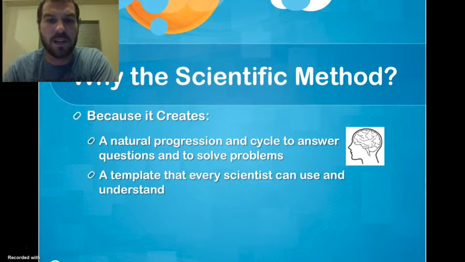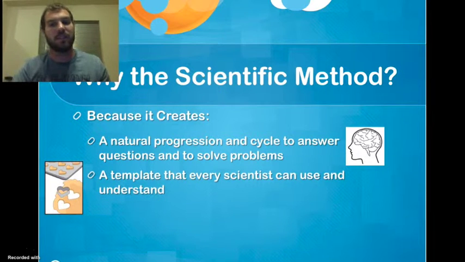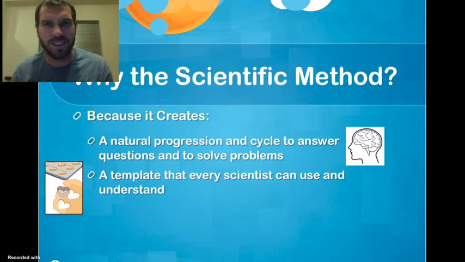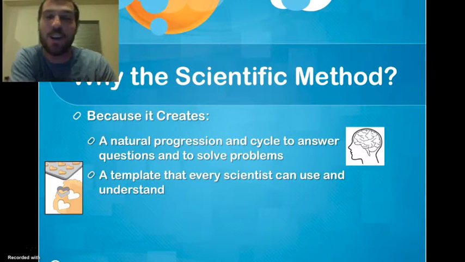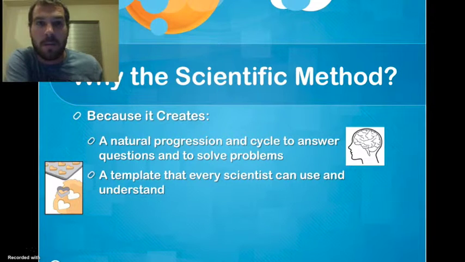The second thing it creates is a template that every scientist can use and understand. A template is just like a cookie cutter. You can have different kinds of cookie dough, different recipes, but if you use the same cookie cutter, it'll all be the same shape, the same size, and maybe even the same texture.